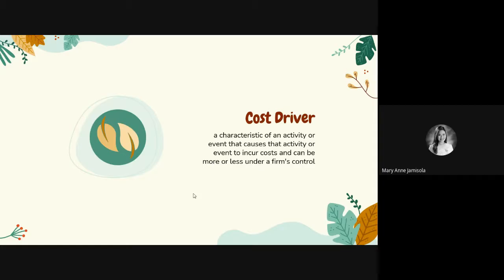So, what does it mean to say that an organization understands its costs? It means that the organization's managers can predict with some clarity how costs will respond to management actions.